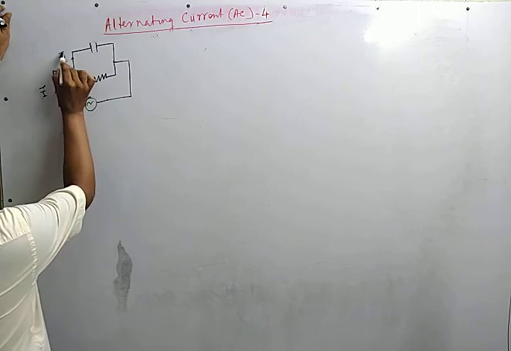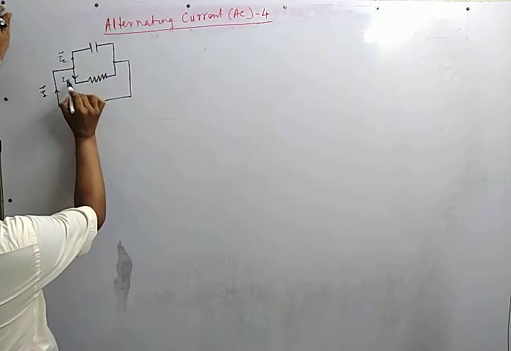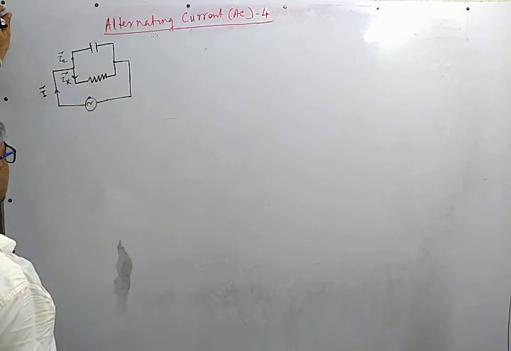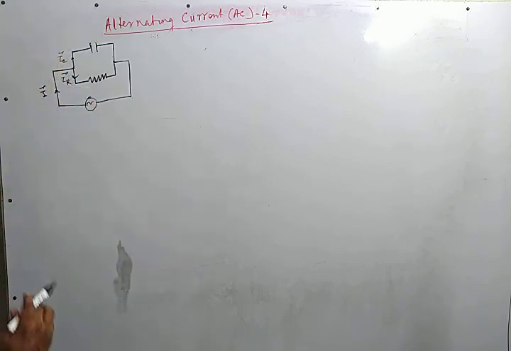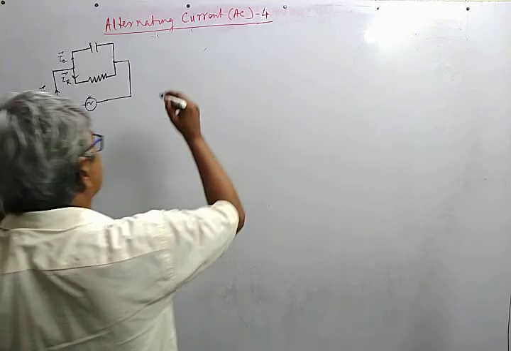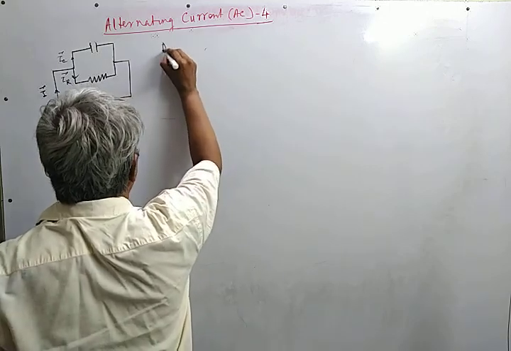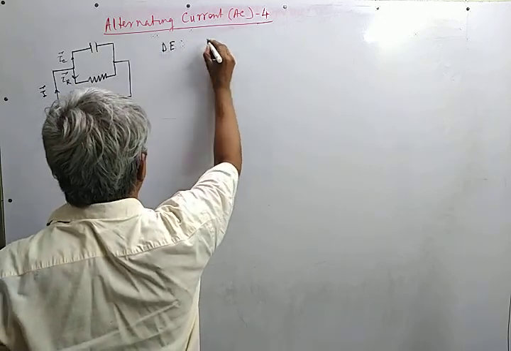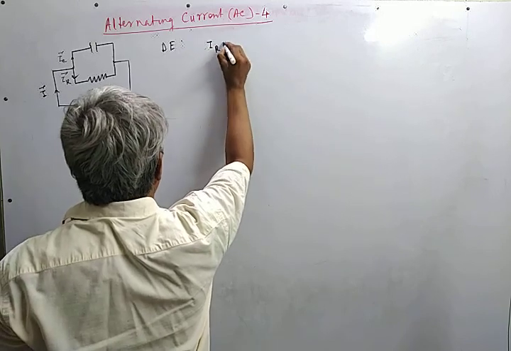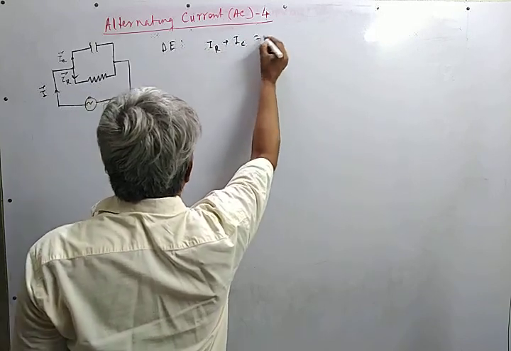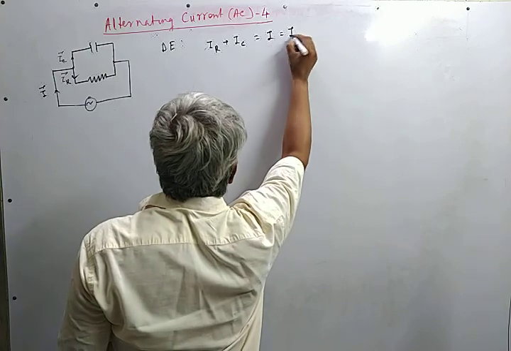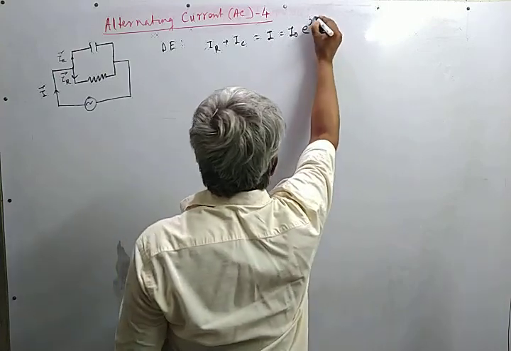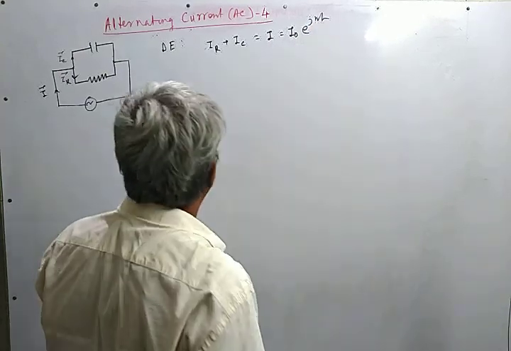This is IC, this is IR. If we write the current equation, the differential equation, IR plus IC is equal to I, which is I0 e to the power j omega t.